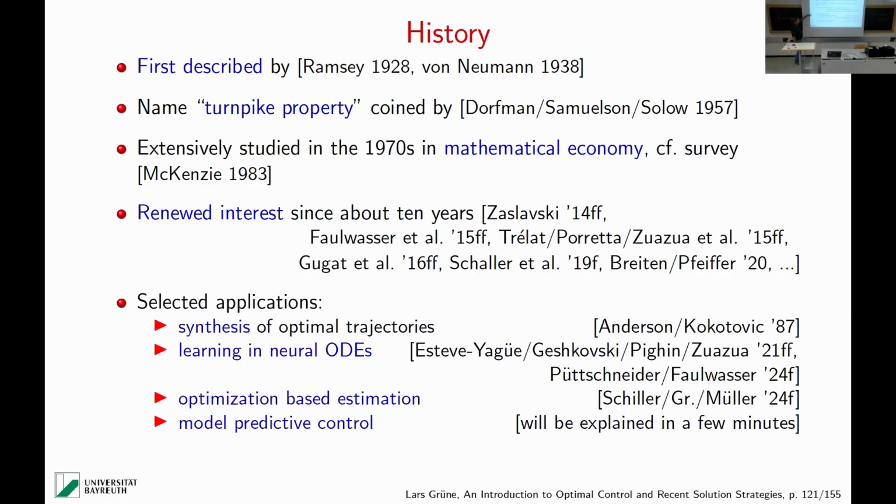But there are also topics like learning in neural ODEs, where the Turnpike property has recently turned out to be very influential. And I'm not sure whether Enrique will say something about that when he's here later this month, but he worked on that too. And yeah, my topic, of course, is model predictive control, and I will explain this in a few minutes, what this means.